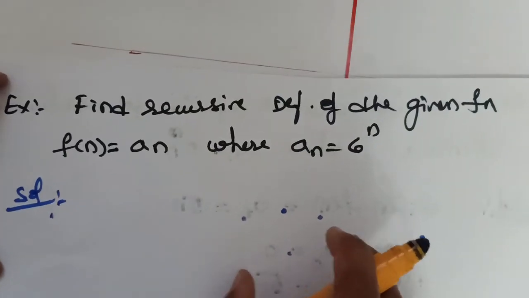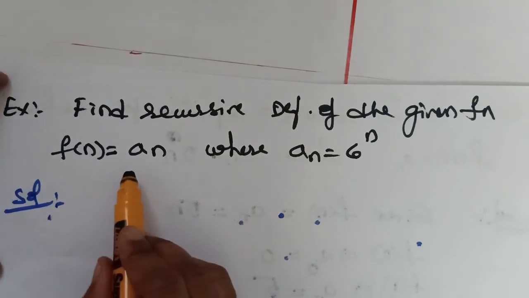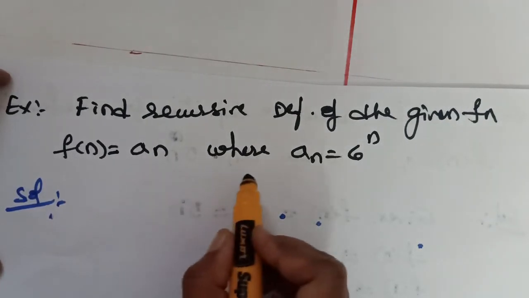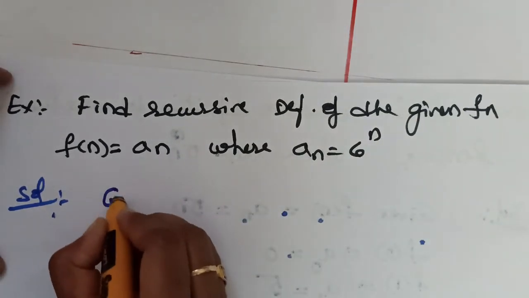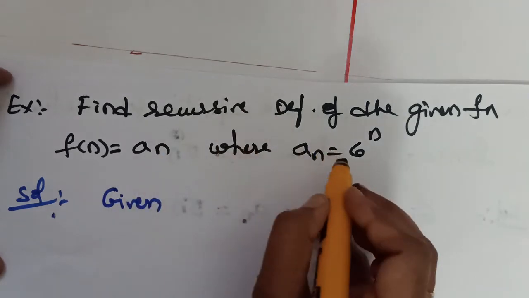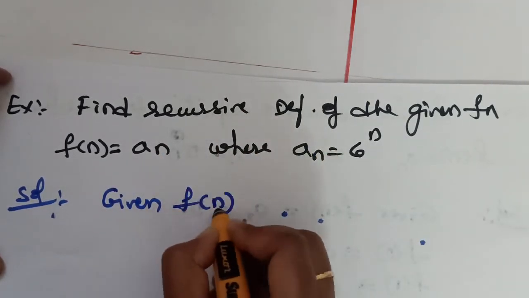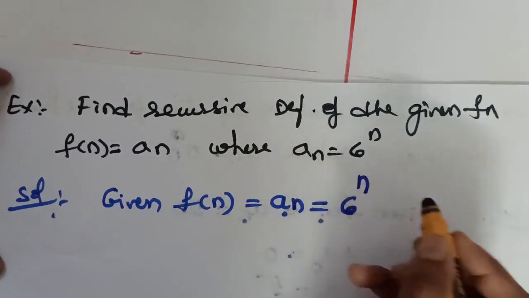In the next problem, find the recursive definition of the given function f of n, where f of n is equal to an, where an is equal to 6 power n. Here you are finding the recursive definition of the given function f of n.